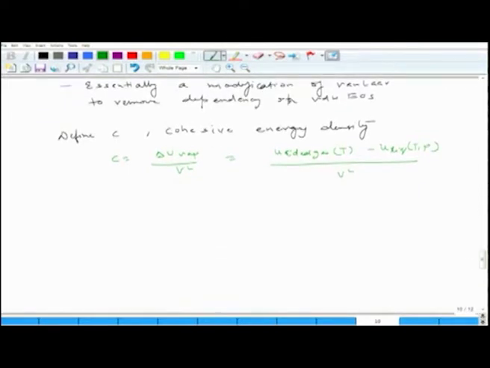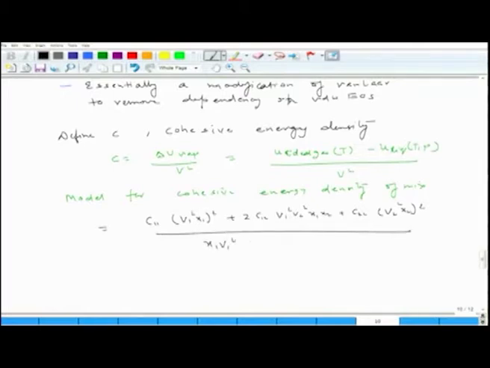And now, in order to come up with the mixing model, given the major problem with the van der Waals equation of state, in this theory the model for cohesive energy density of the mixture is considered as C11 V1L x1 square plus 2 C12 V1L V2L x1 x2 plus C22 V2L x2 square, divided by x1 V1L plus x2 V2L, where V^L is the molar volume of the liquid and C12 is basically the geometric mean of C11 and C22.